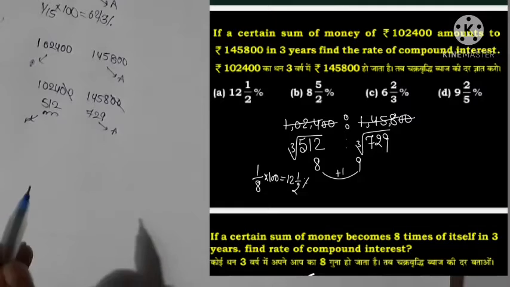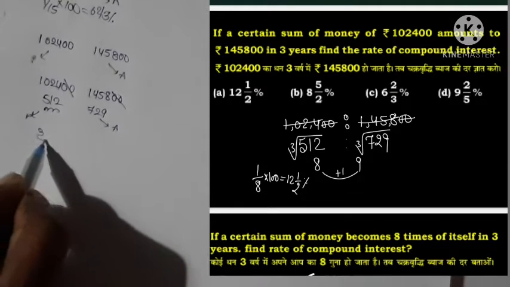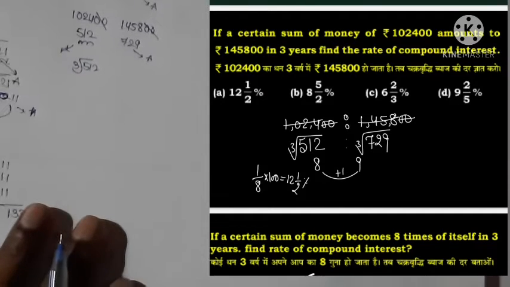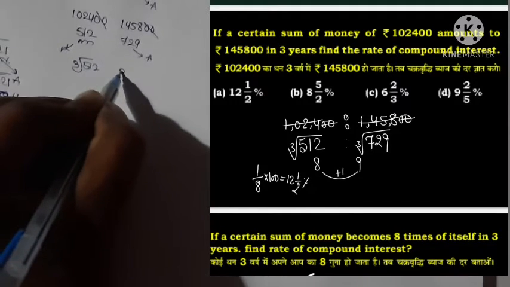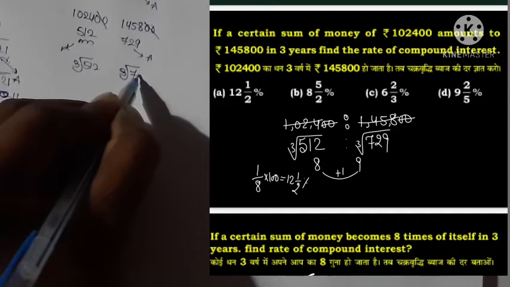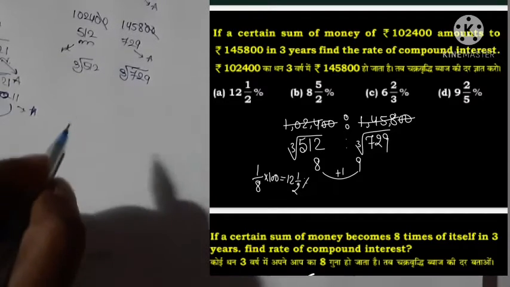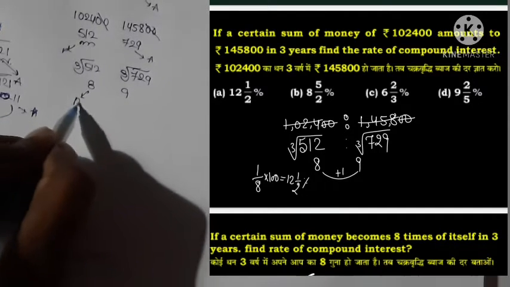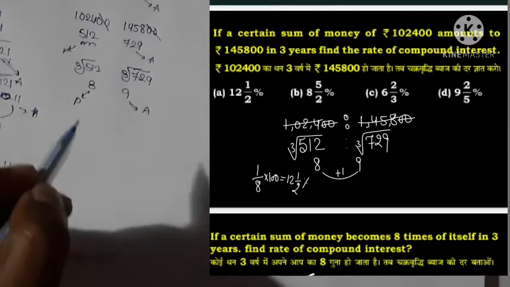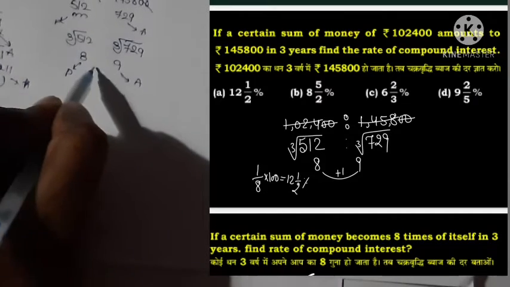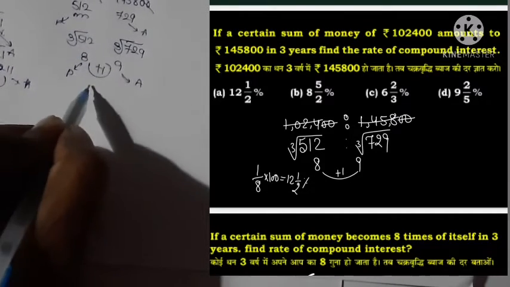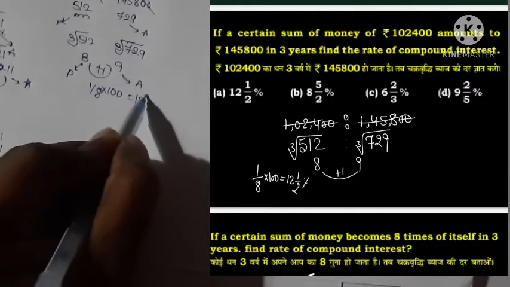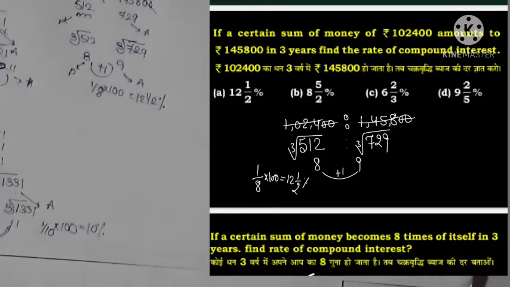For the first year, cube root of 512 and cube root of 729. So this value is 8, this value is 9. For the first year, the principal is 8 and the amount is 9. So the rate of interest: the value is increased by plus 1. So 1 by 8 into 100. So the value is equal to 12.5%.